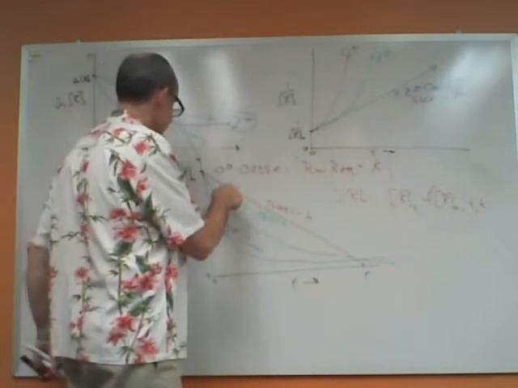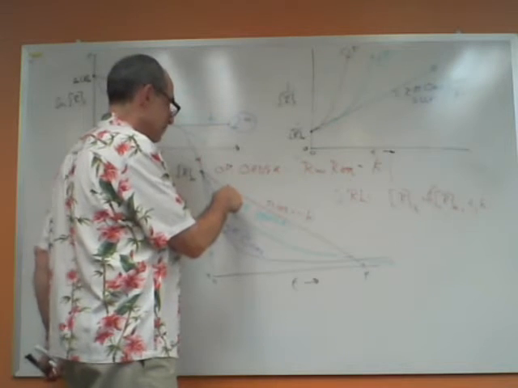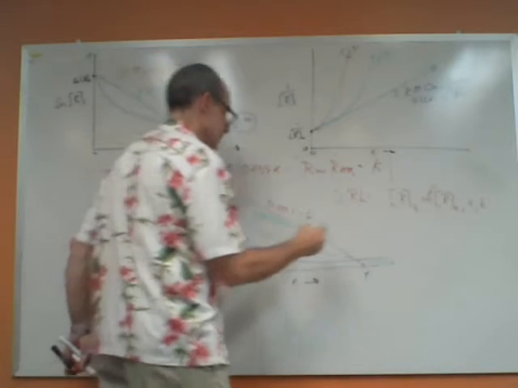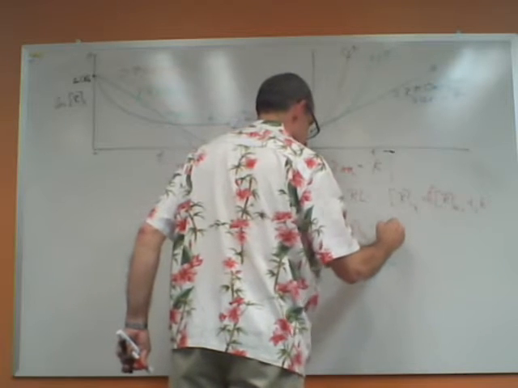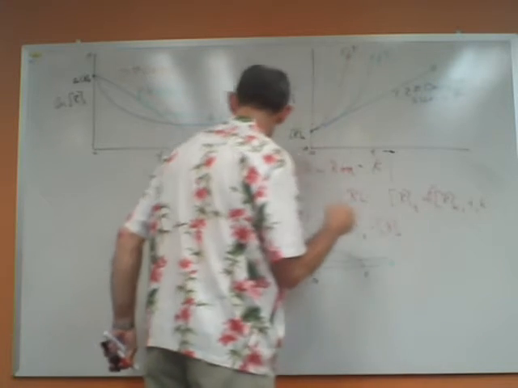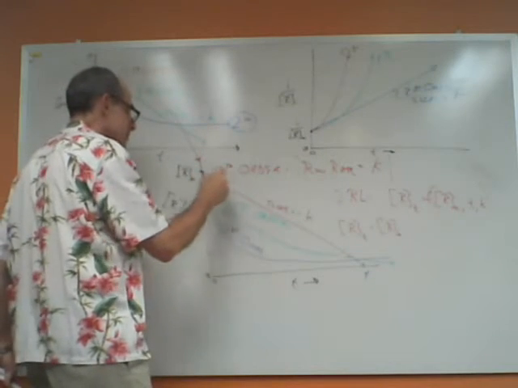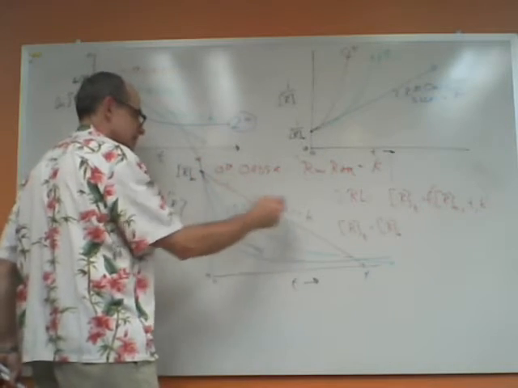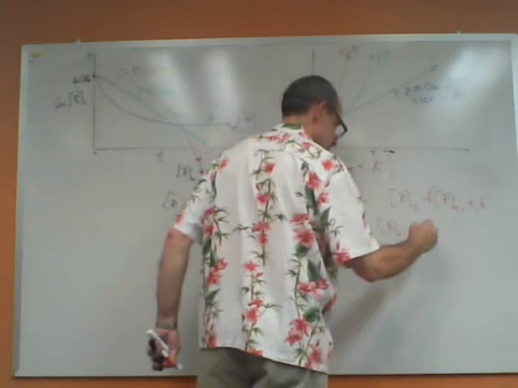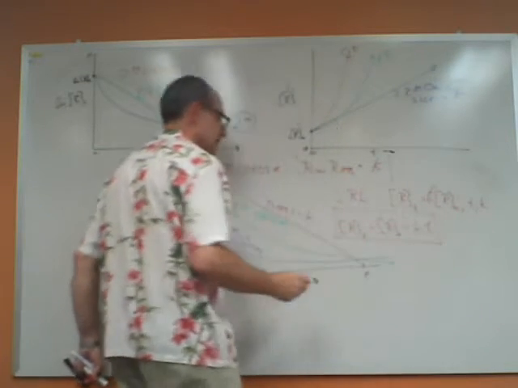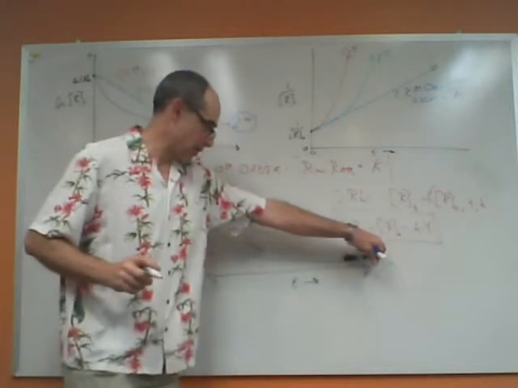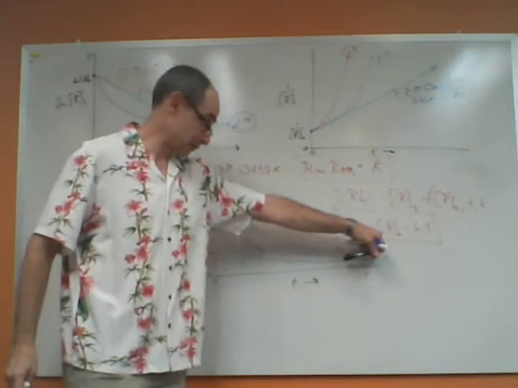For a zeroth order reaction, we can read that off from the curve. The reactant concentration at time t would be equal to the initial concentration minus the amount I've dropped, which would just be k times t. And here is the integrated rate law for a zeroth order reaction.